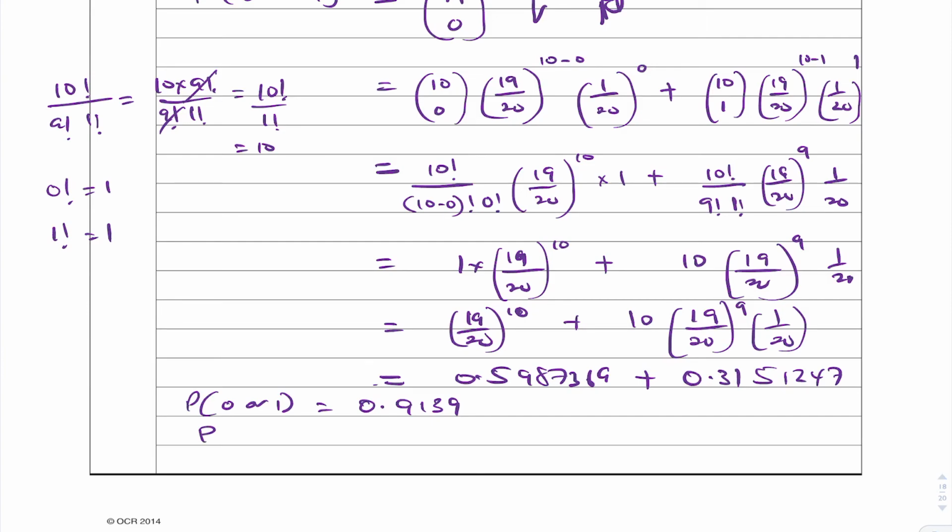For P of x greater than or equal to 2, we get 1 minus 0.9139, and that gives 0.086.